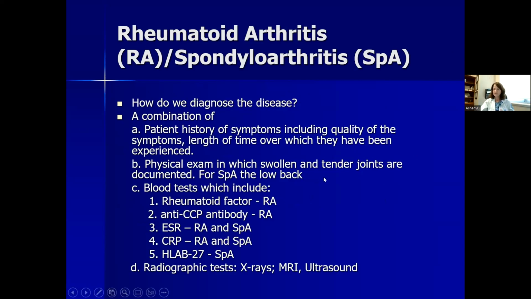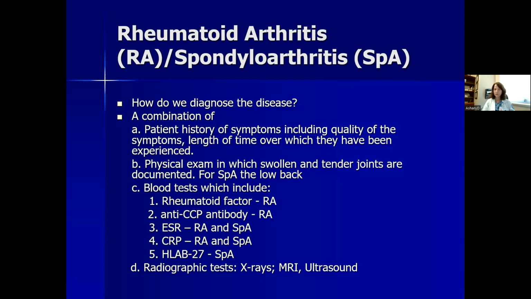Physical exam, of course, is very important. So in rheumatoid arthritis, we're examining your joints, we're seeing which are swollen, which are tender. We do that for spondyloarthritis as well. Unlike rheumatoid arthritis, spondyloarthritis patients often have low back pain, and so there's a lot of focus on that.